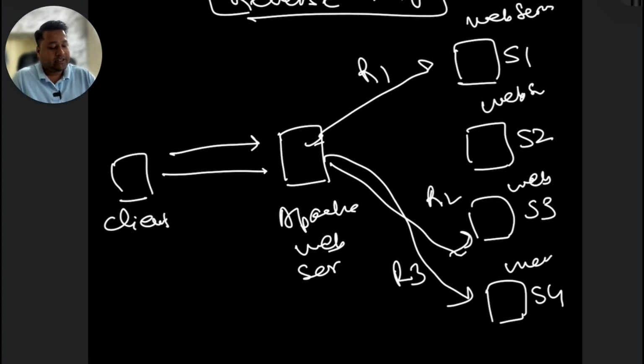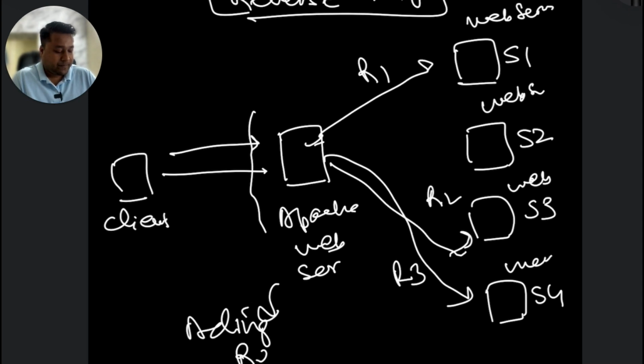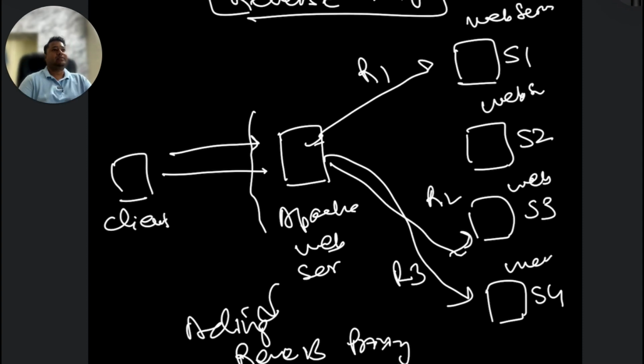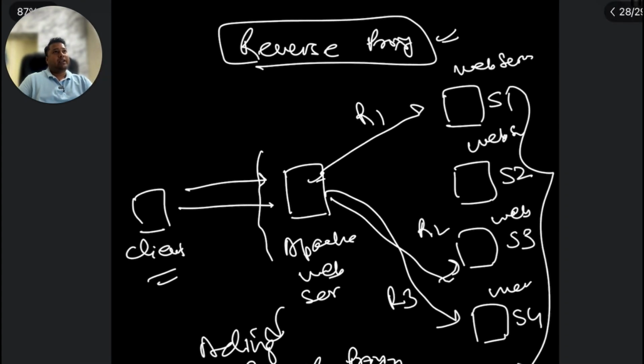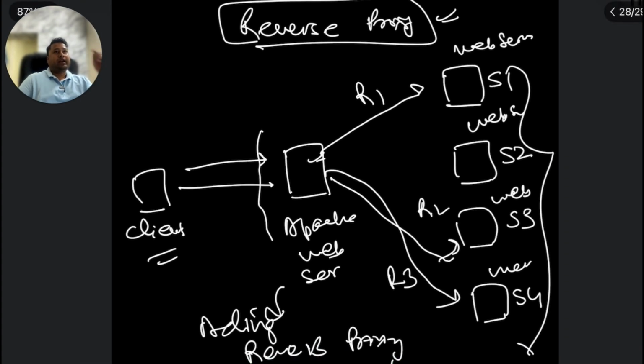So this is acting as a reverse proxy. It is acting as a proxy for these servers, and it's reverse. It's taking your request to your servers and then sending the response back to your client, right? Now for Apache Web Server, question 1 is, can we use Apache Web Server as a reverse proxy?